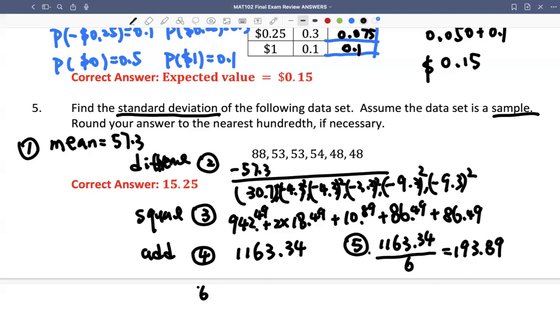Then lastly, we take the square root of 193.89. My cell phone doesn't have a square root sign.